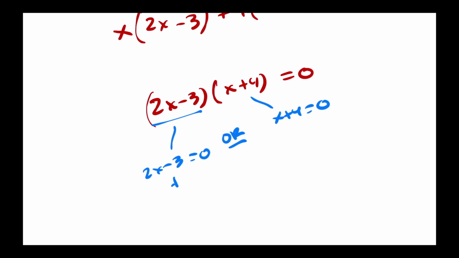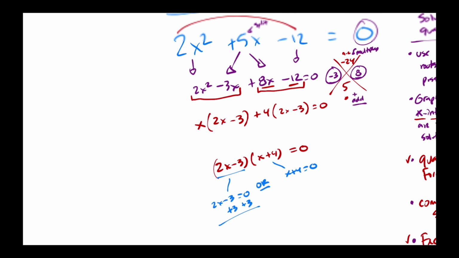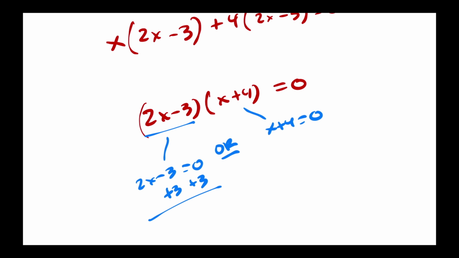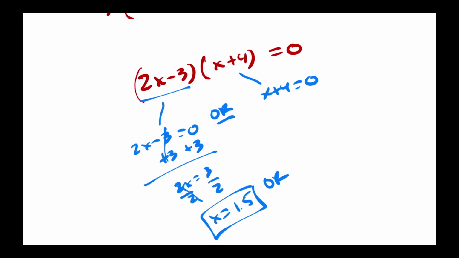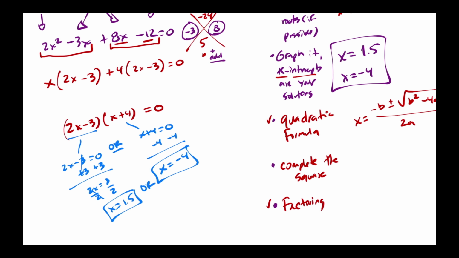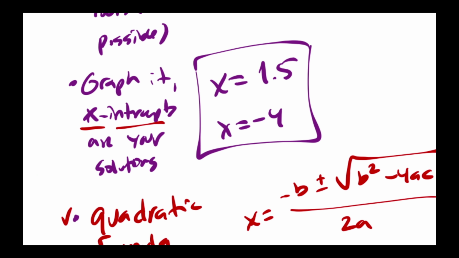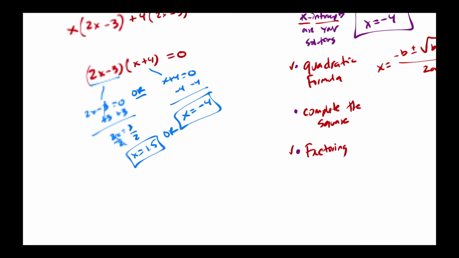If I add 3 to both sides, I get 2x equals 3. Divide by 2, divide by 2. So x equals 3 over 2, but if you make that a decimal, that is 1.5. Or subtract 4, x equals -4. Oh, look at that. It's the same as we got here and the same as we got here.